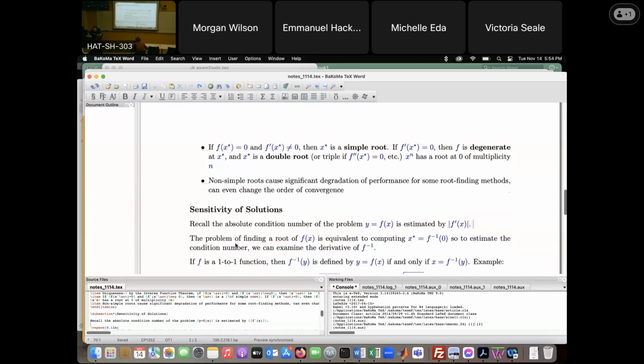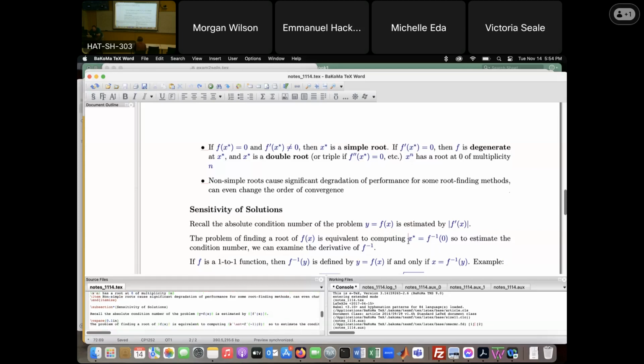If you're trying to solve the equation f of x equals 0, basically what you're doing is solving this problem: your output, which is your root x star, equals f inverse of the input 0. So the function you're trying to evaluate in this context is not f, it's the inverse of f. Now, we're assuming that an inverse exists.